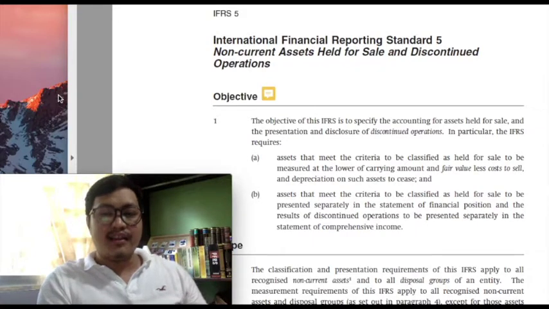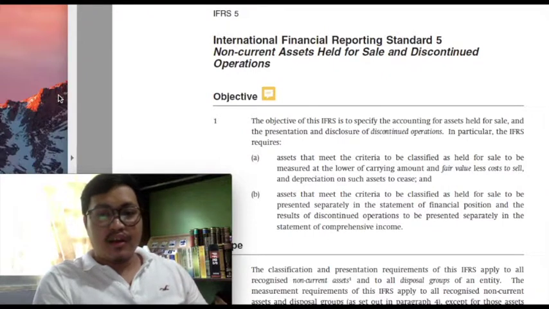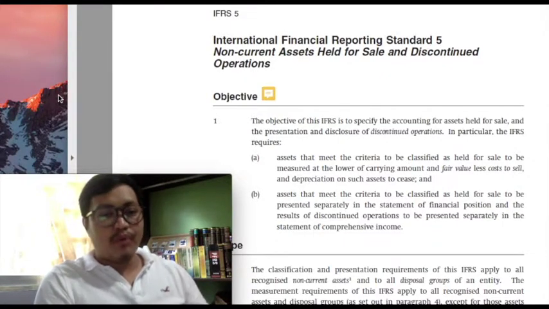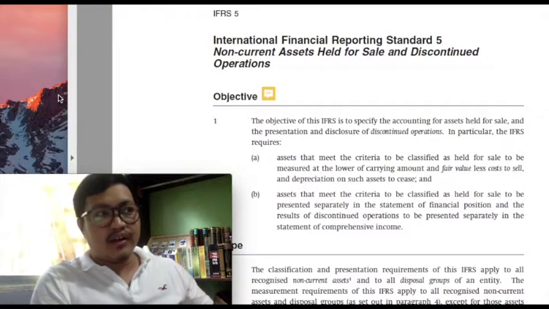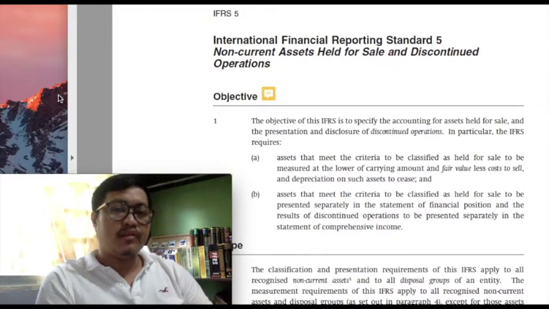But in reality, the earning profit of the remaining entity is significantly reduced because of the disposal of one component, the component that earns 30% of our total profit. So there's a need for accounting standards, class, to come up with a separate rule for discontinued operations.